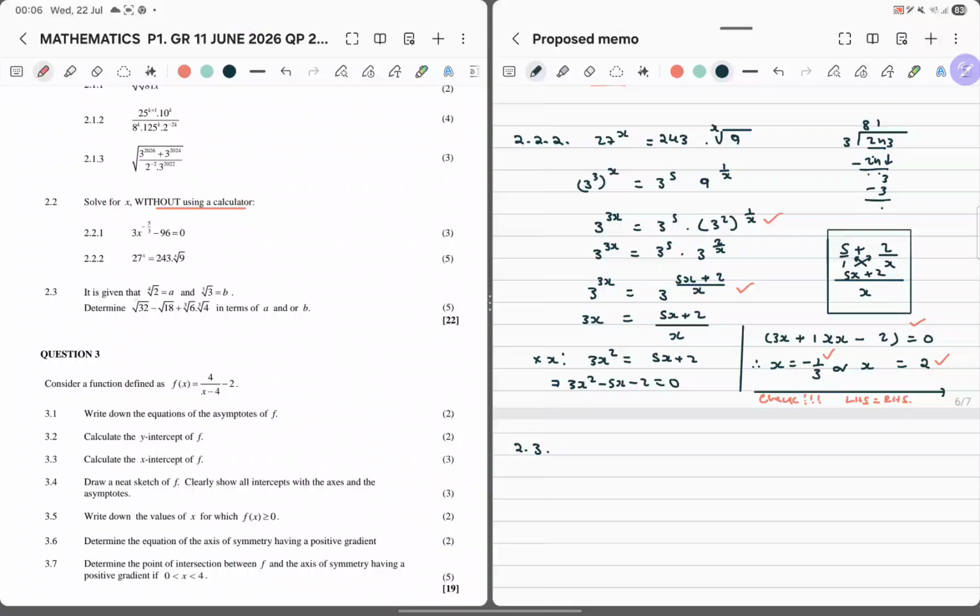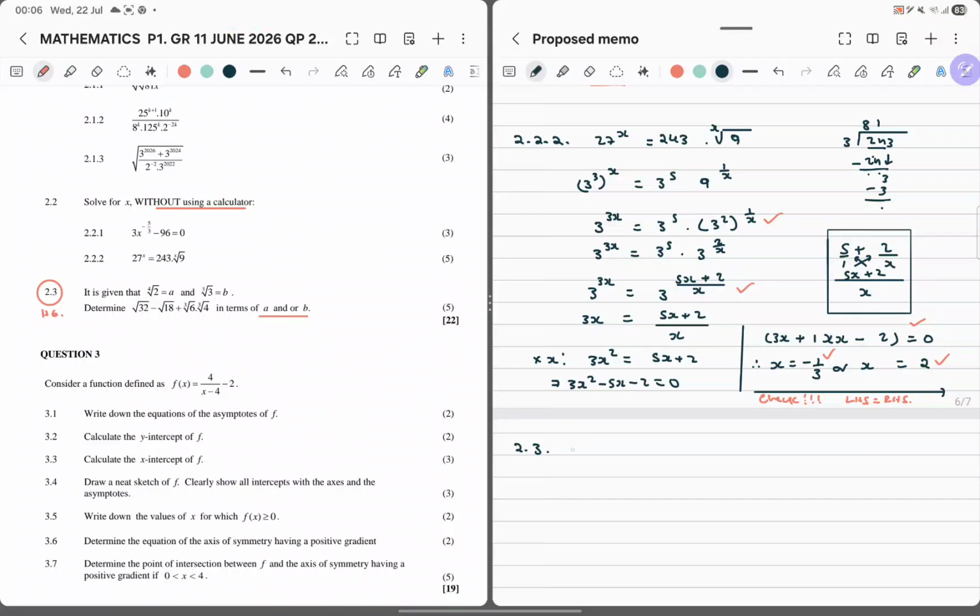Now 2.3 says, if it is given that the fourth root of 2 is equal to a and the cube root of 3 is b, determine this one in terms of a and b. Now this is a higher grade question. Again, let's handle it.